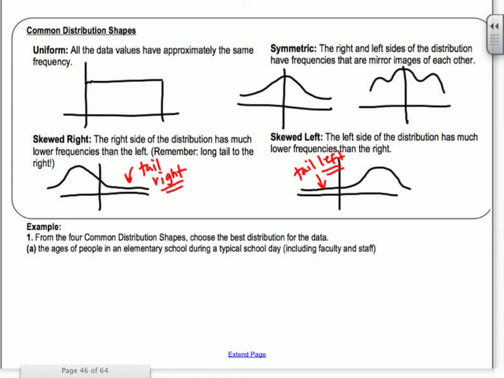I mean, if it's elementary school. So most of them are going to be pretty young. So they're going to have a big block over here, maybe even kind of flat across right there from ages 5 to 12. Depends on if your elementary school has 5th grade, 6th grade. All right, and then all of a sudden it's going to drop down. And then you might have a little bump over there. But where's most of your data? Yeah, it's on the left, so it's skewed right.